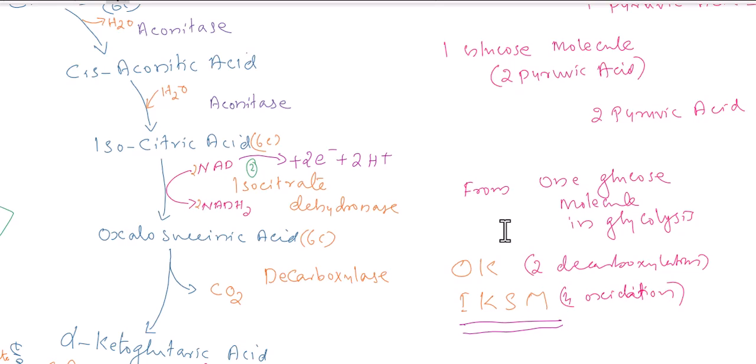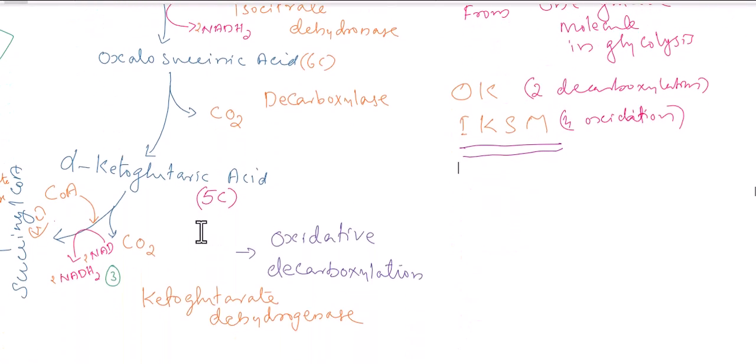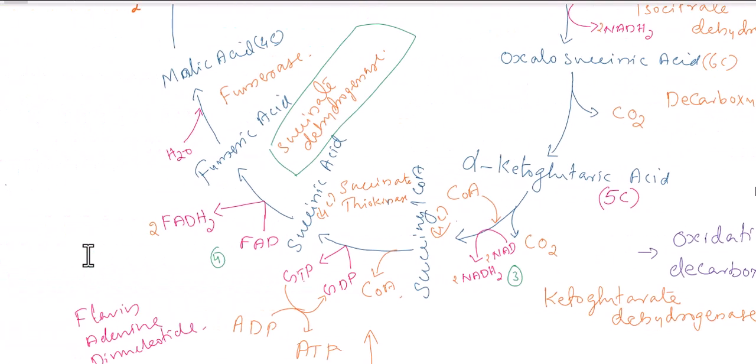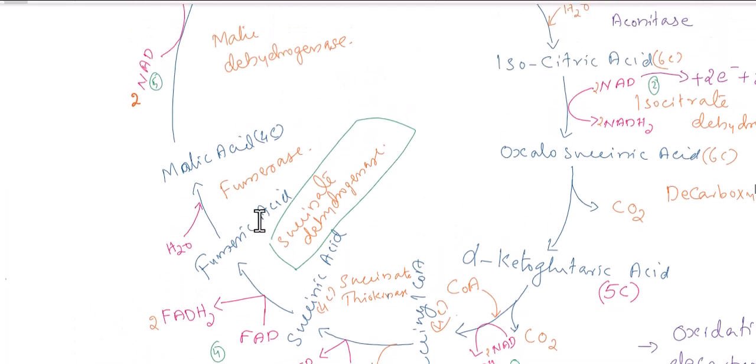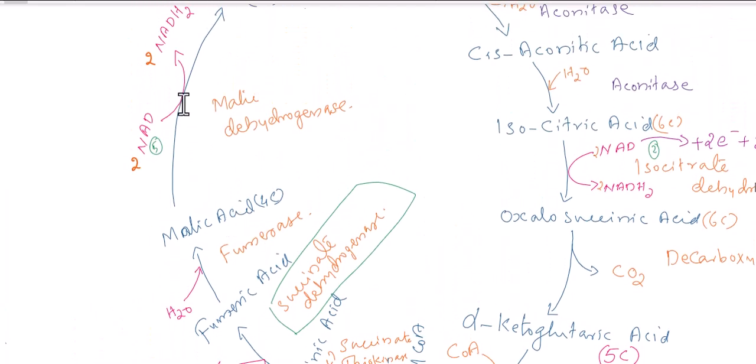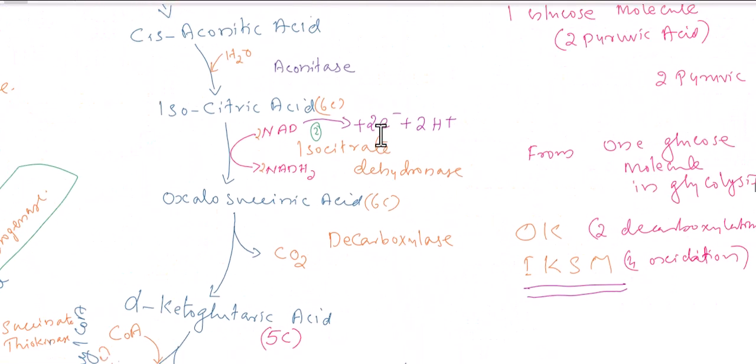Isocitric acid undergoes oxidation, then alpha ketoglutaric acid undergoes oxidation, then succinic acid undergoes oxidation, then malic acid undergoes oxidation. So there are 4 oxidation steps.